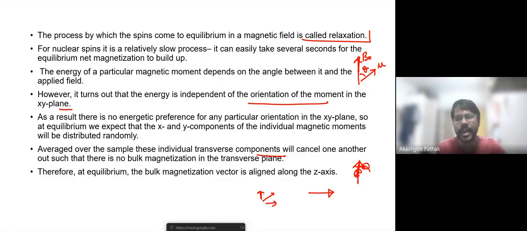All these xy components will cancel out each other, so in the transverse plane the net magnetization is zero, while in the longitudinal direction the net magnetization adds up to give a magnetization vector, which is called the equilibrium magnetization vector, because it is the magnetization attained after allowing the nuclear moments to relax to that equilibrium state.